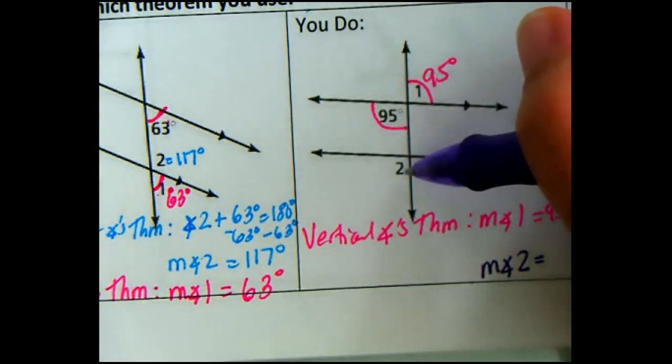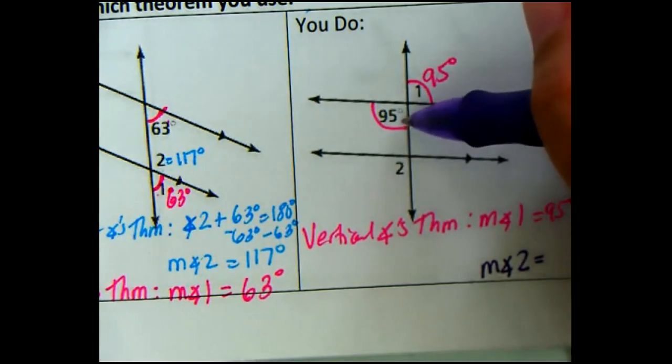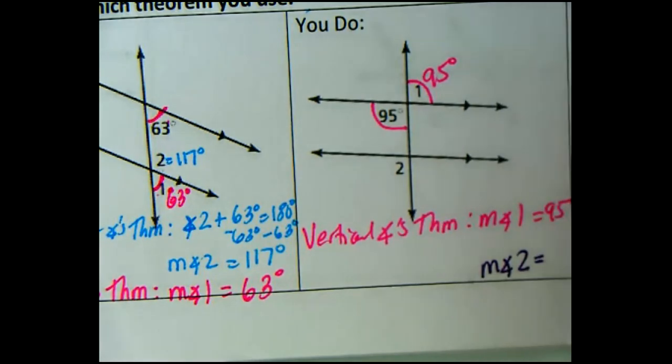What angle pair do you notice between angle 2 and the angle that you're given, 95 degrees? What's the angle pair between them? What kind of pair are they?